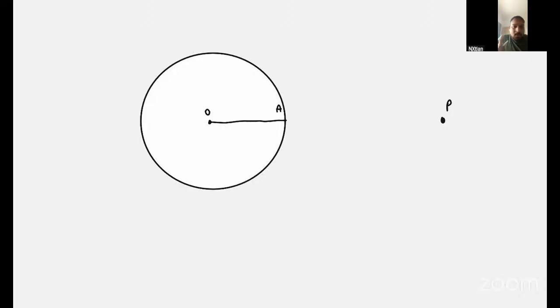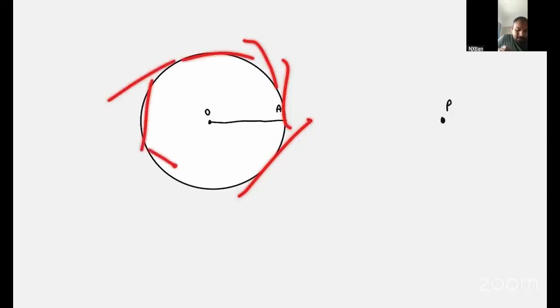So how many tangents can you make? A circle is made up of infinite points, and a tangent only touches one point, so a tangent can be drawn from any point. How many tangents can you make?